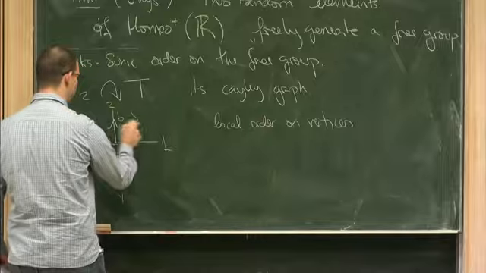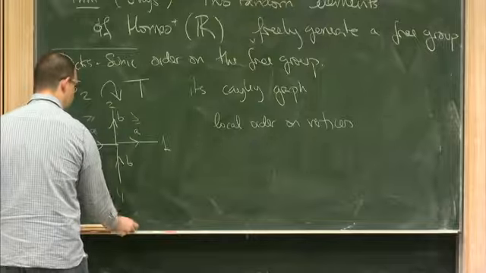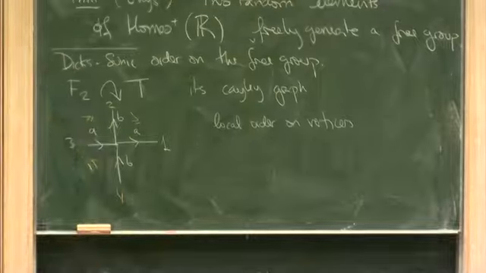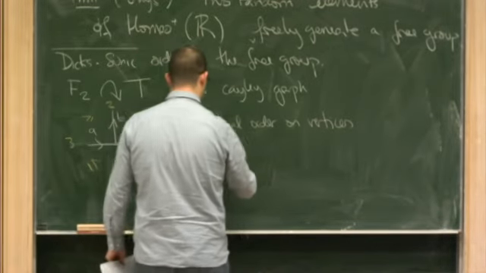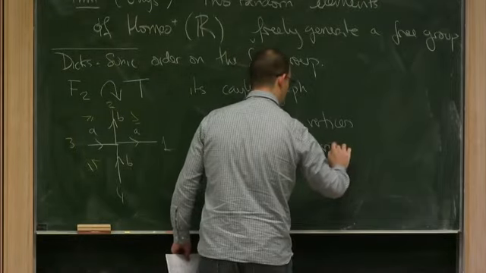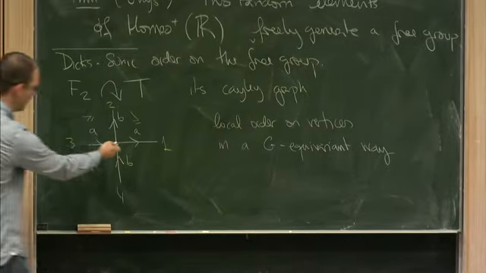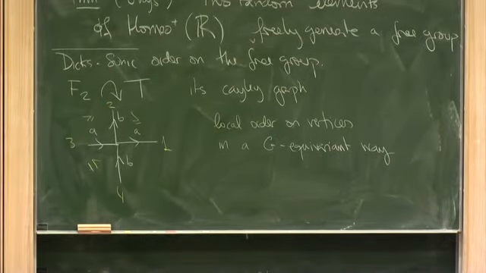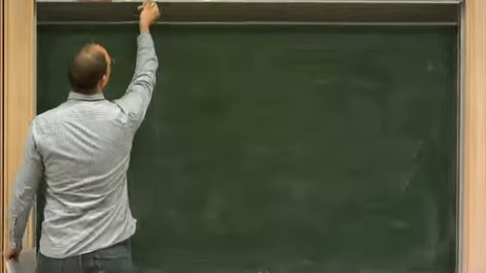Something like that. So this is bigger than this, is bigger than this, and 3 is still bigger than 4. Okay, and do it in a G-equivariant way. So the link of every vertex in the tree looks like this, so that means put exactly this order on every vertex of the group.